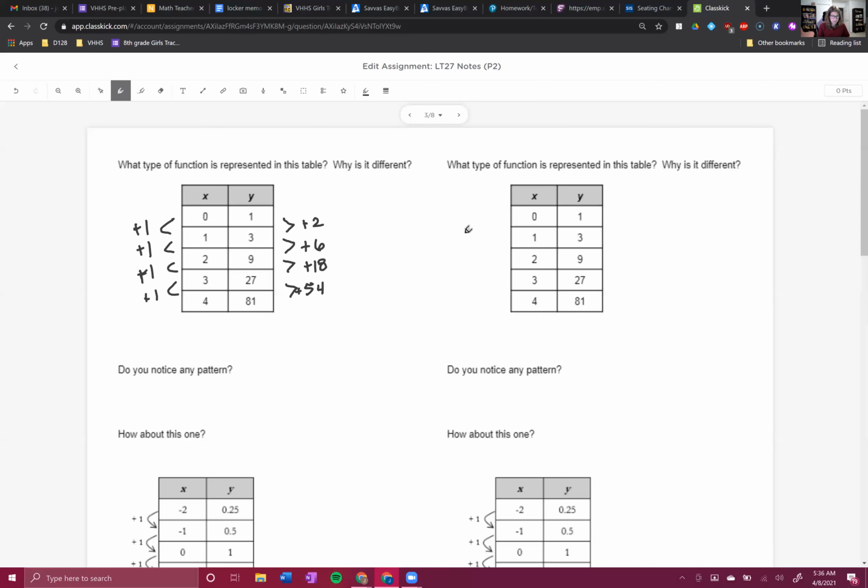So it's not linear. We look at the second difference. 2 to 6 is +4. 6 to 18 is +12. 18 to 54, oh, again, I've got to think about this one. Is that 36? The second difference isn't the same.